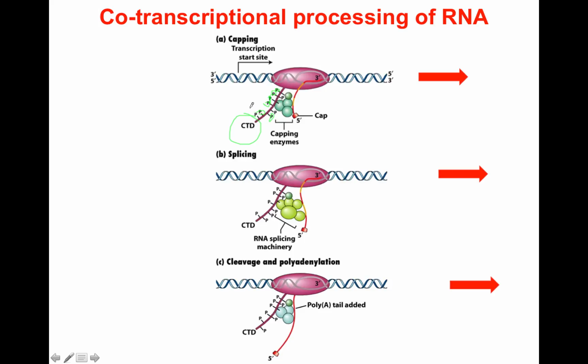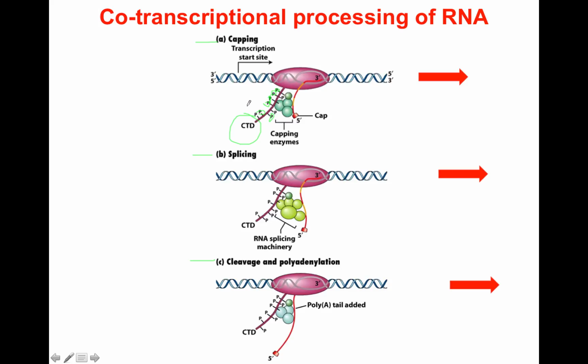Okay. The thing to remember about the difference between capping and splicing and cleavage and polyadenylation is that the pattern of phosphorylation that occurs on this C-terminal domain is different for the different functions. Okay?